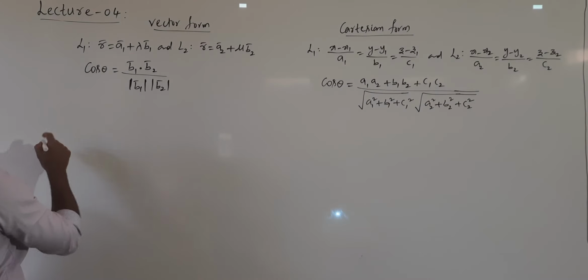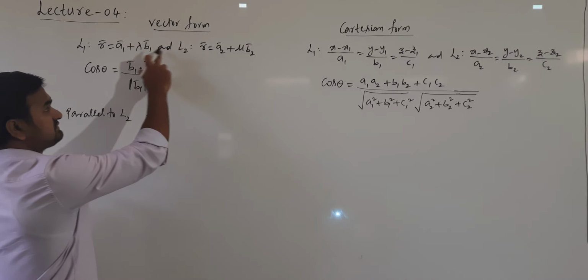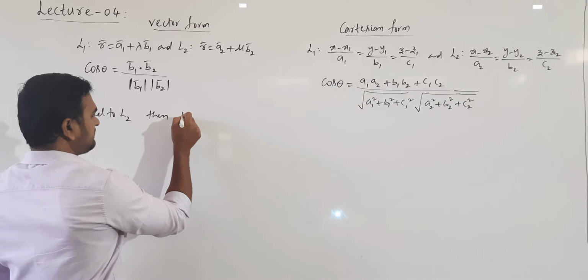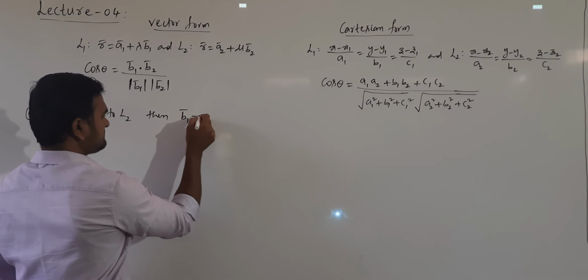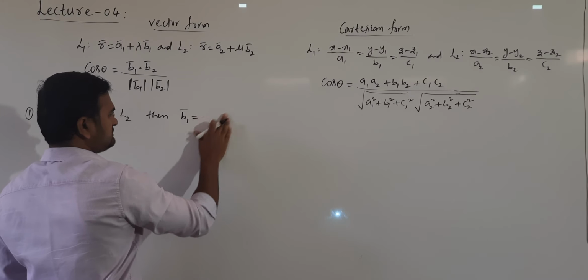If L1 is parallel to L2, then what can we write in vector form? L1 is parallel to L2 means lines are parallel, means their parallel vectors B1 bar, B2 bar are also parallel. So I can write B1 bar as some scalar multiple. Lambda, mu already used.